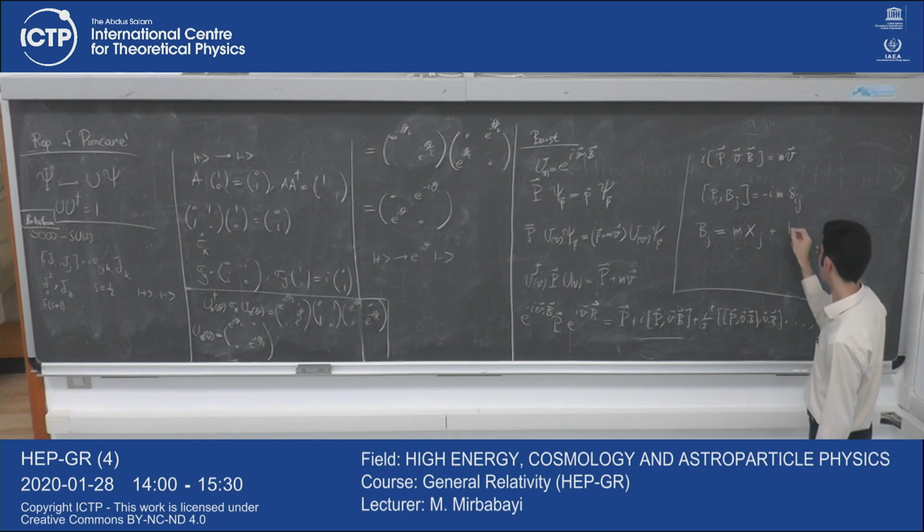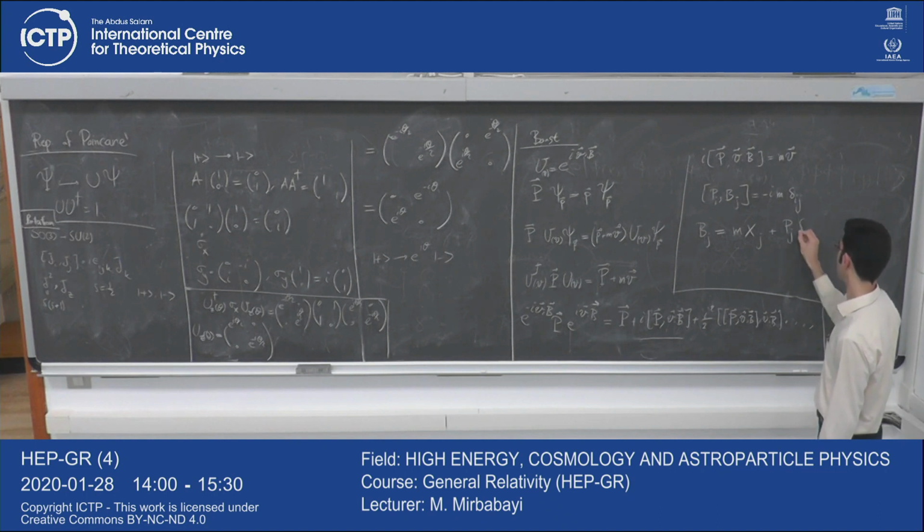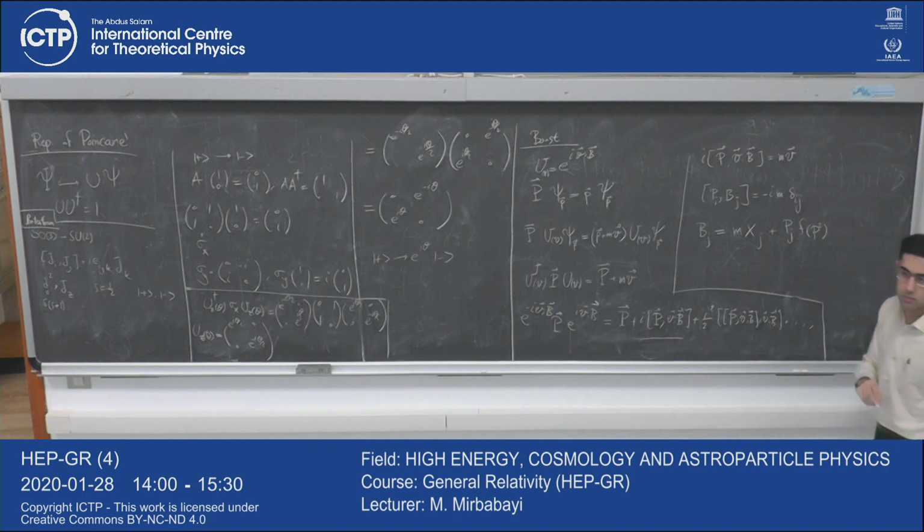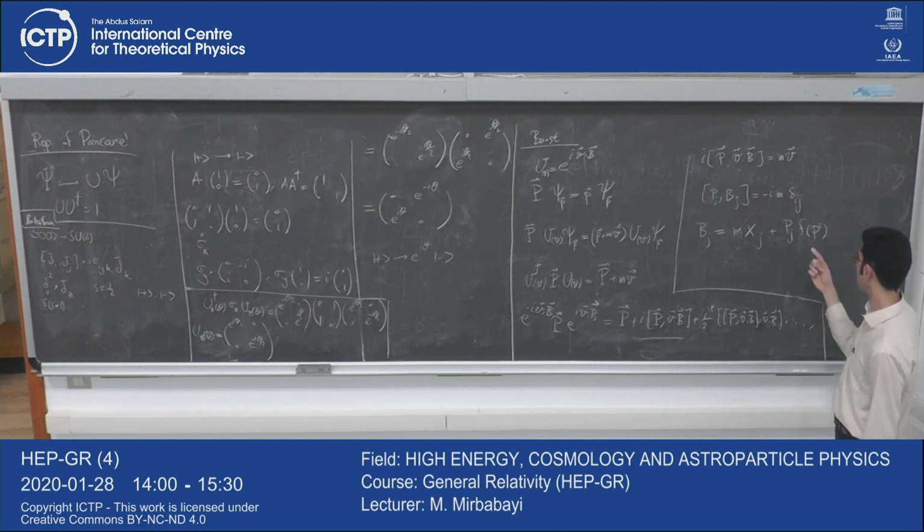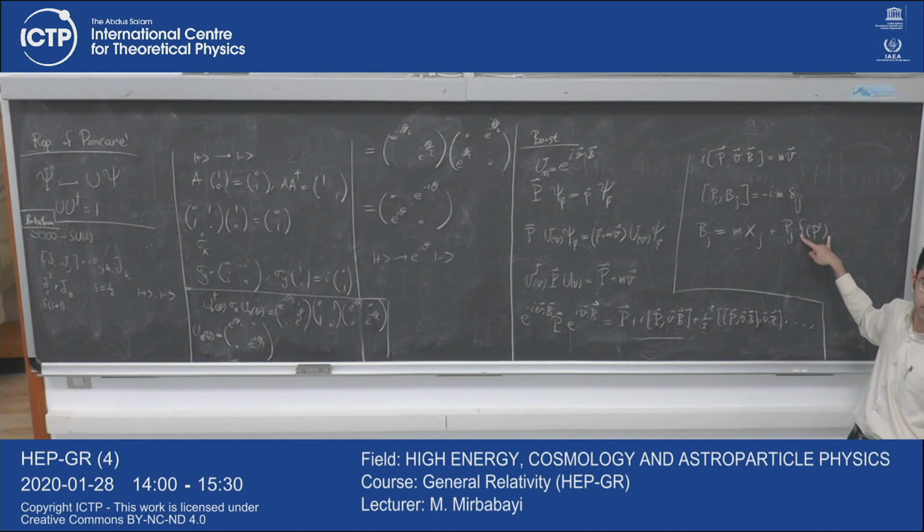For instance, I could have P_j f of p squared. However, if this f was a constant, that would do a translation for us.